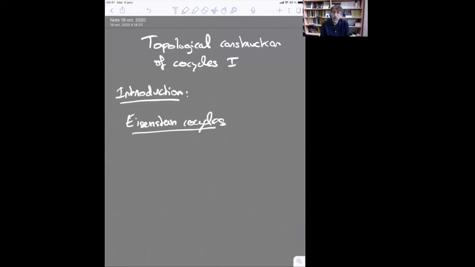But this cocycle represents a class in several types of cohomology groups. It can be a representative of a class of degree n-1 of some group gamma, which is a finite index subgroup of GL_n(Z), with scalar values, but also cocycles representing classes still of degree n-1 of gamma, but with values in some function space.